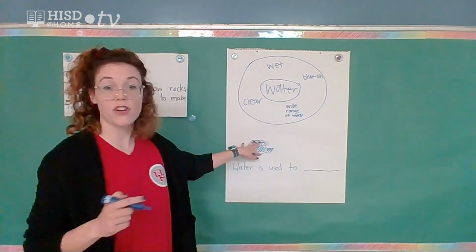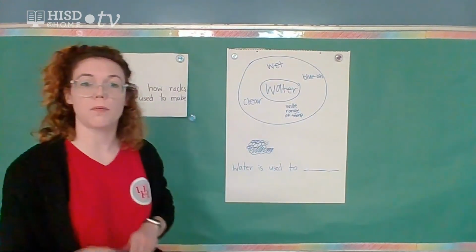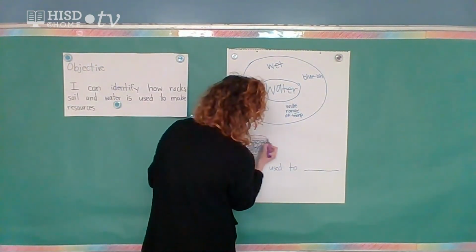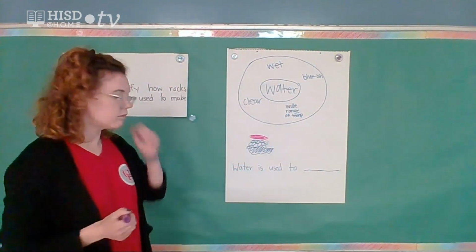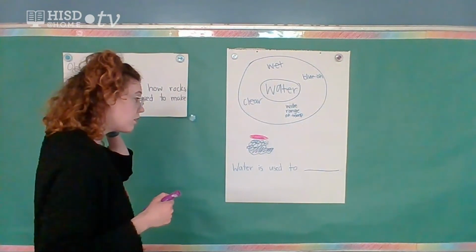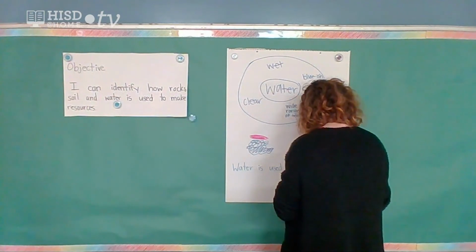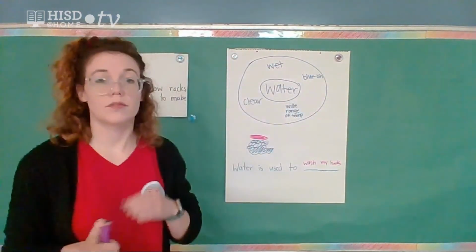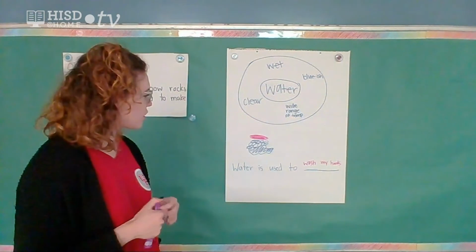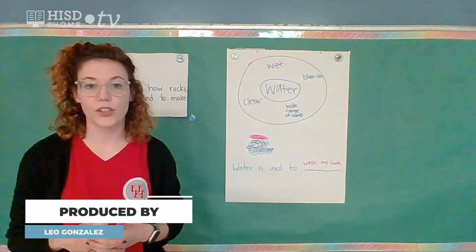I'm drawing a picture of bubbling water because it's being used to wash someone, I guess, their hands, and I'll use purple for the soap. And I'm giving you about 30 more seconds to fill in your answer, what you feel like it does for you.